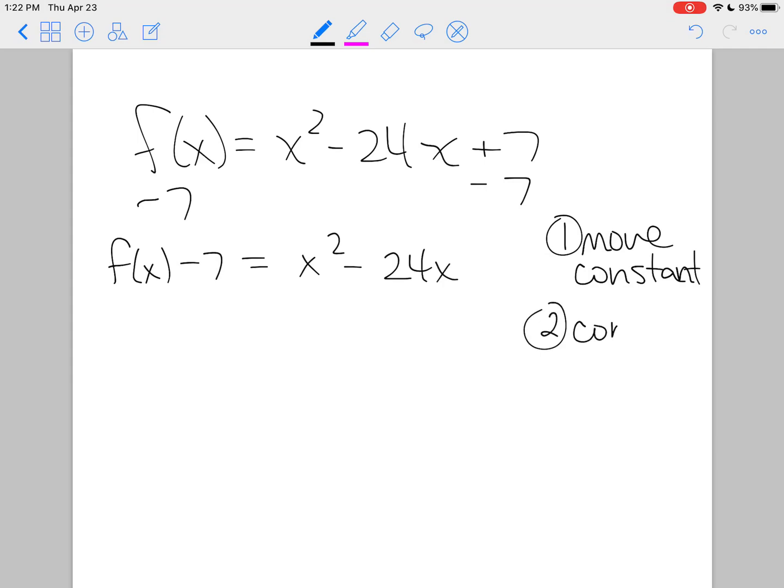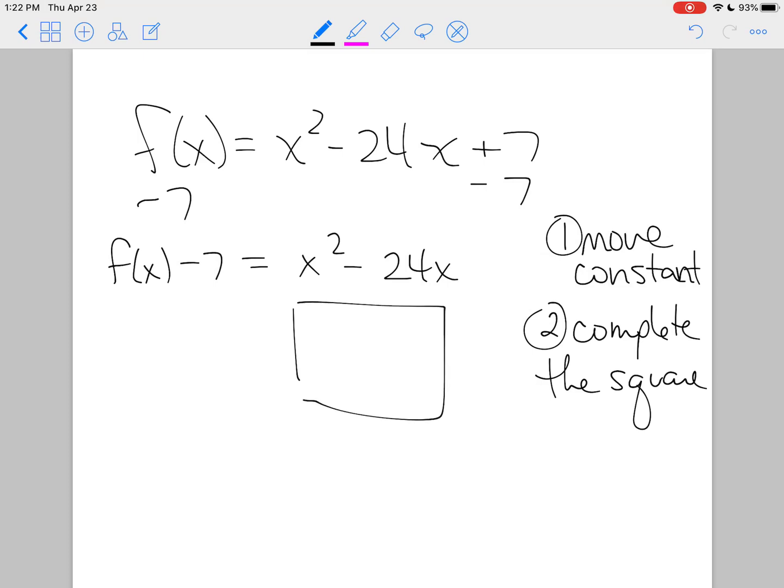Now we're going to complete the square. X squared goes here. Take that negative 24x and divide it by 2. And that's going to give me negative 12x and negative 12x.